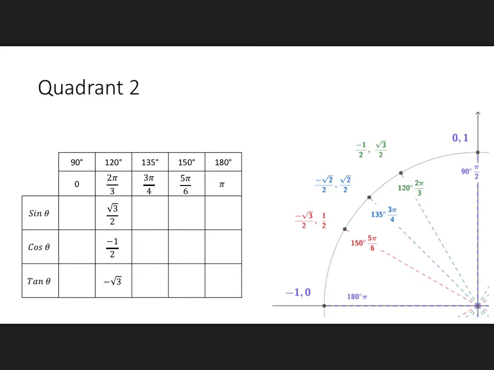Remember, the sine is our y value, so our y value is going to be square root of 2 over 2. Our cosine is going to be our x value, so it will be negative square root of 2 over 2. And our tangent will be y over x. Since they are the same numbers, they reduce to 1, but one of them is negative, so our tangent will be negative 1.